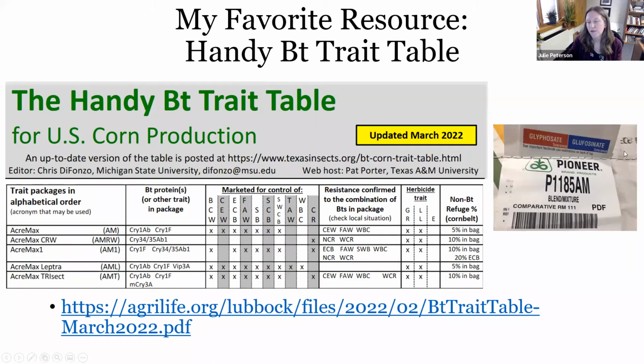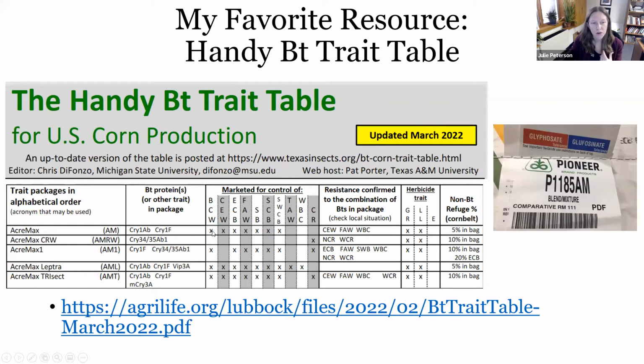So for example, if you were looking at this bag tag here on the right, P1185AM, we know that AM there, we come over here, we can find it in our list. Okay, that has the AcreMax trait package in it. And then we can move across the screen and see that has the Cry1Ab and the Cry1F proteins expressed in that trait package.